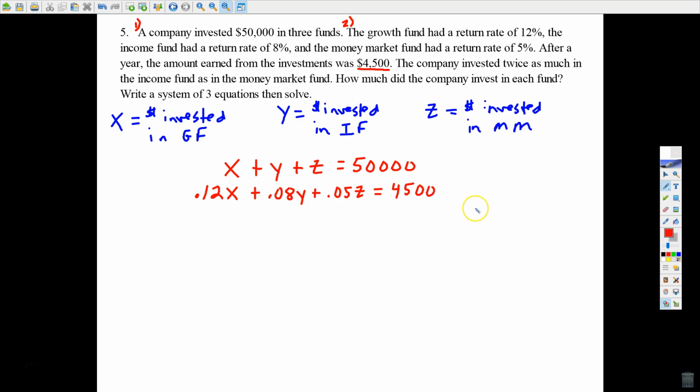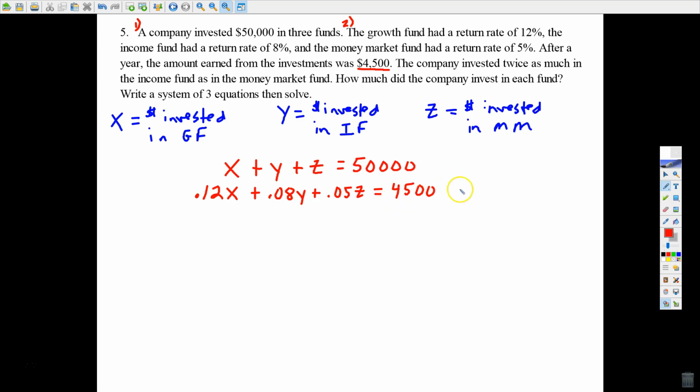Now at this point, you've got a calculator that you can use. It's going to do all the heavy math, but some people don't like to deal with decimals, and it's easy enough to take care of that if you just think of multiplying both sides of this equation by 100. In other words, we're just going to slide the decimal for each part of this 2 places to the right.